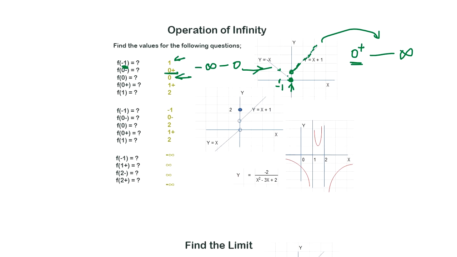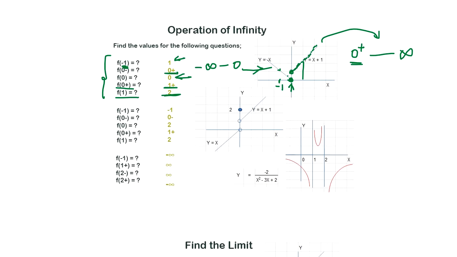If x is 0 plus, that means this guy, then y is 1 plus, not 1. And if x is 1, then it's a definite 2. You follow?